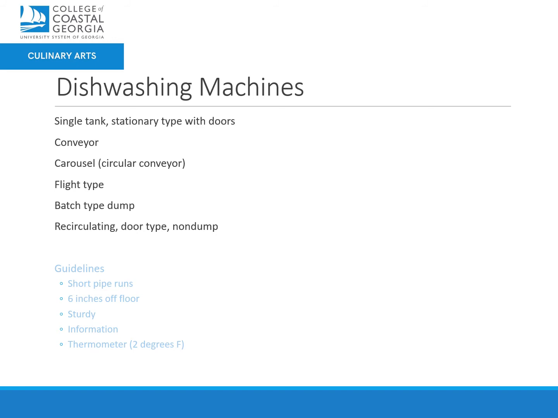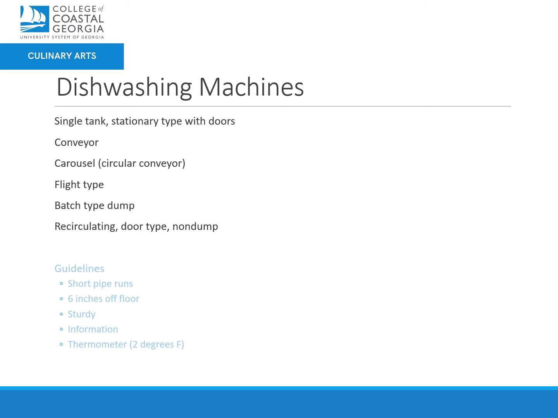General guidelines for dishwashing equipment is to design it so that the pipe runs, where you're installing it, are as short as possible, because those pipes, again, provide the opportunity for condensation. You need at least 6 inches off the floor, again, to be able to clean and provide no harborage. The equipment has to be designed so that it's sturdy.